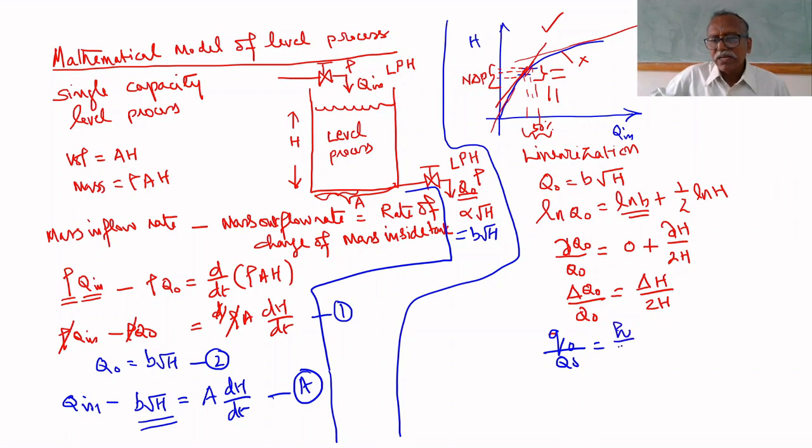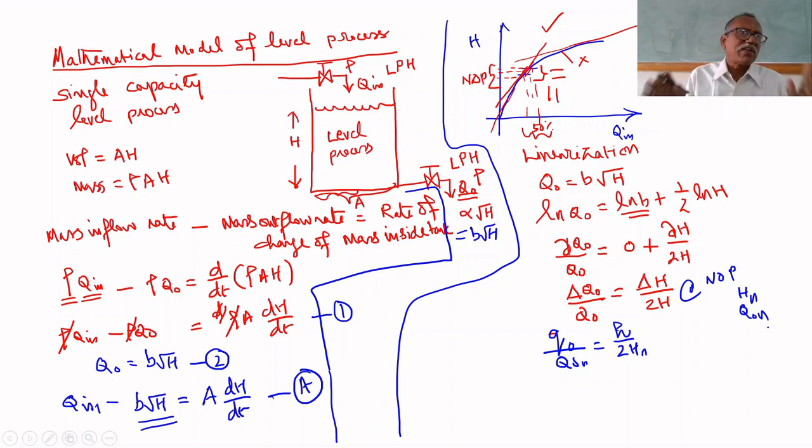So delta Q naught divided by Q naught equals delta H divided by 2H. This Q naught is called nominal Q naught, and this H is called nominal. This is at the nominal operating point, that is H nominal, Q naught nominal. Let us assume that the level is at the nominal operating point, say 50%, and it remains at 50%.